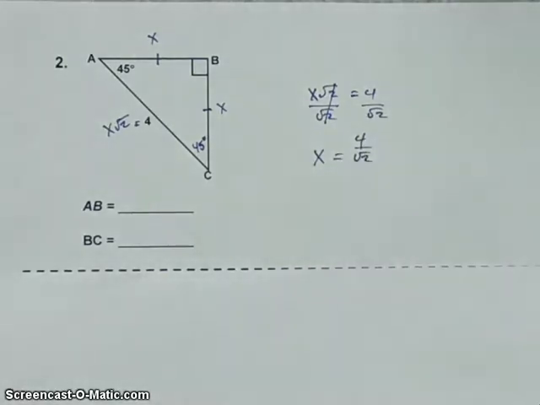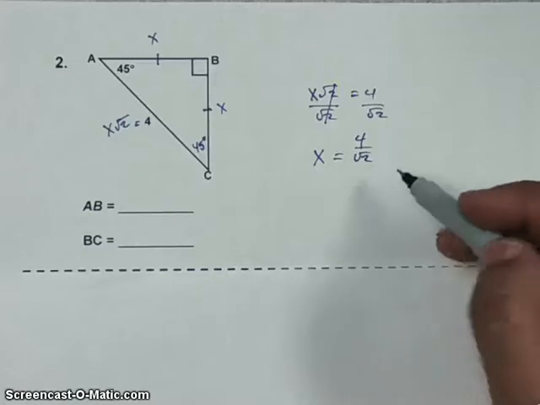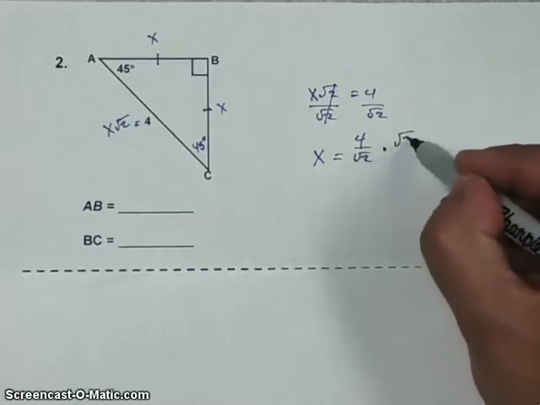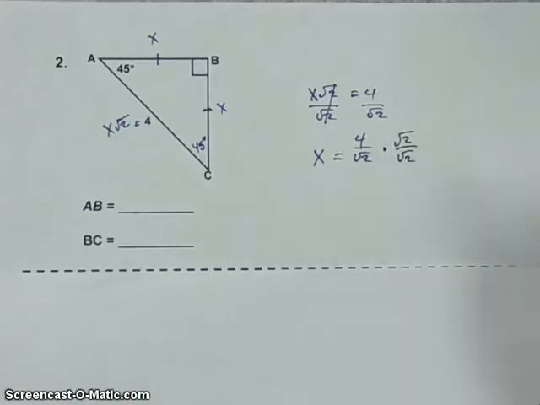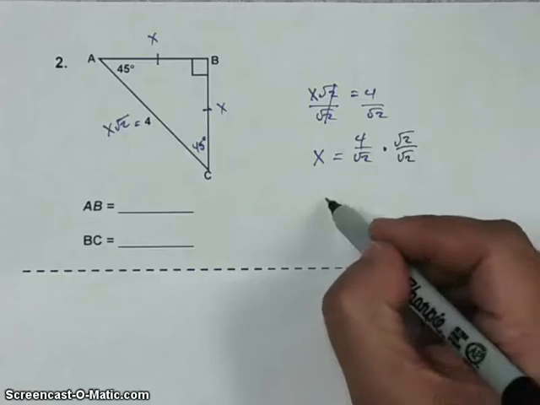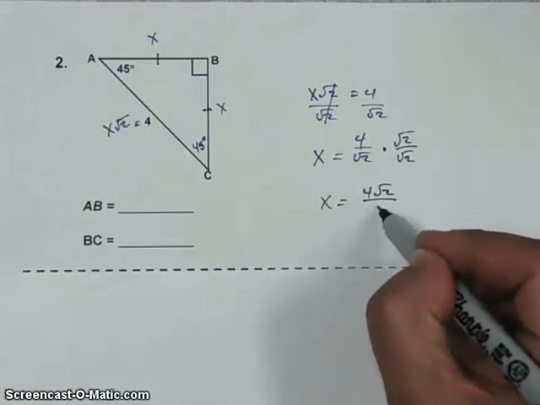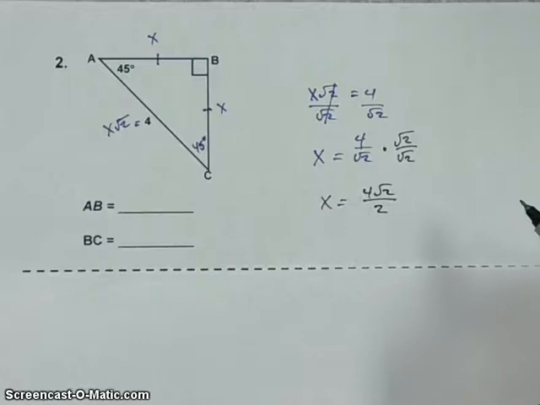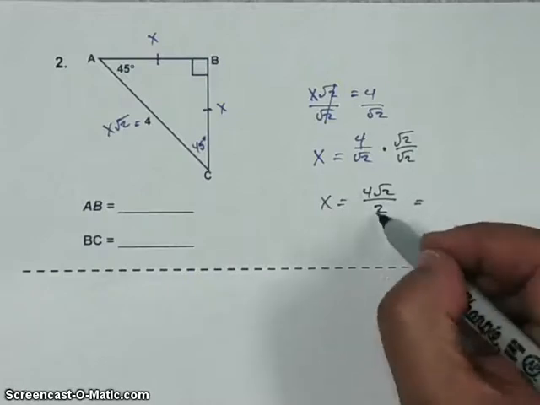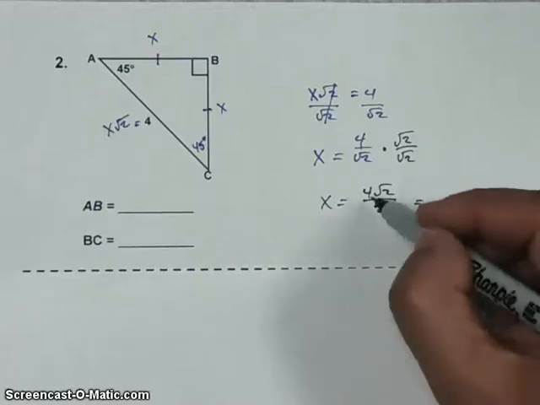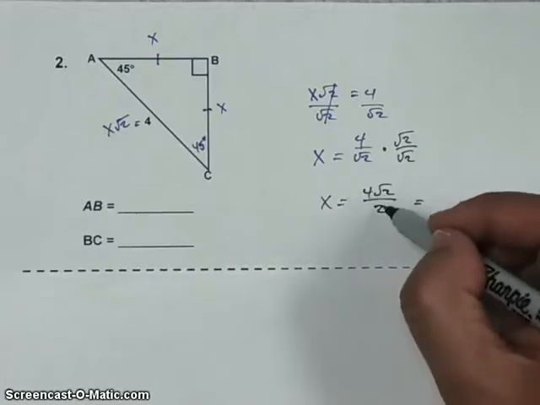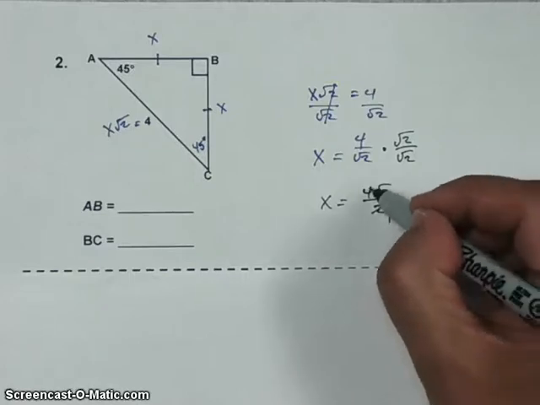But remember, we can't have a square root in the denominator. So we have to multiply the top and bottom by the square root of 2. So that means x is going to be equal to 4 square root of 2 over 2. And then since the 4 and the 2 are outside the radical, 4 divided by 2, I can factor that out.